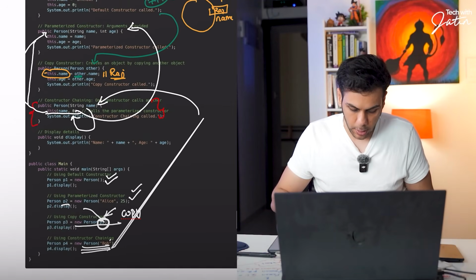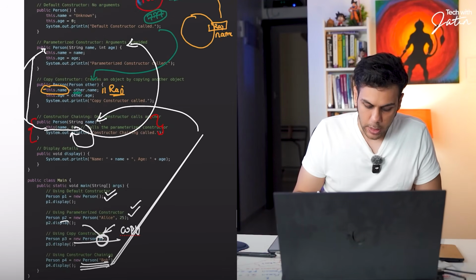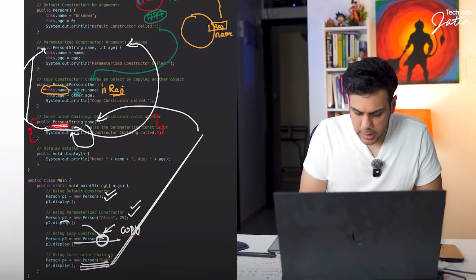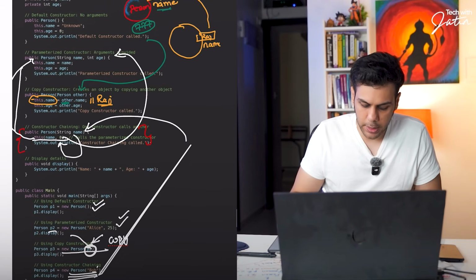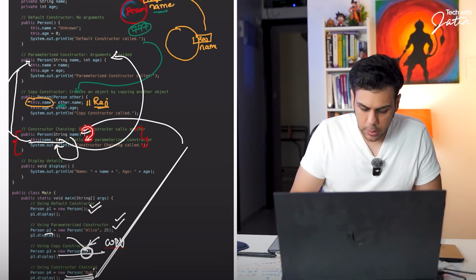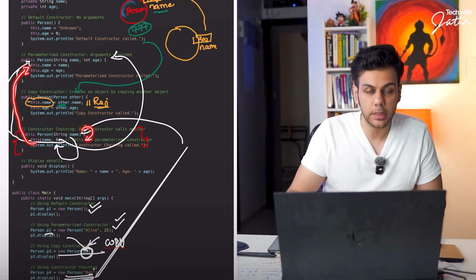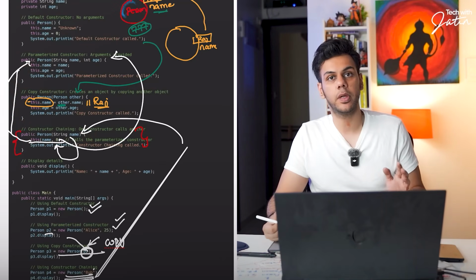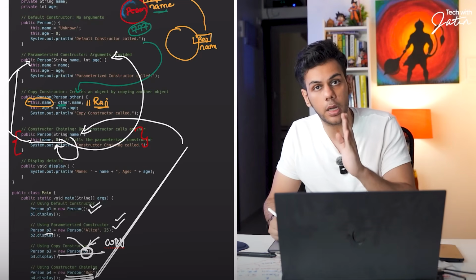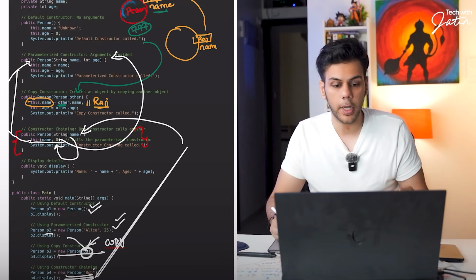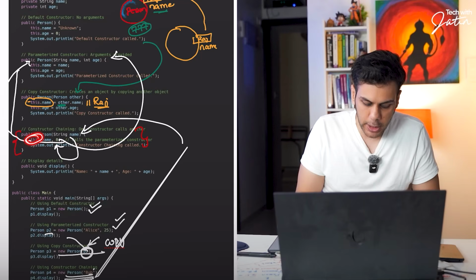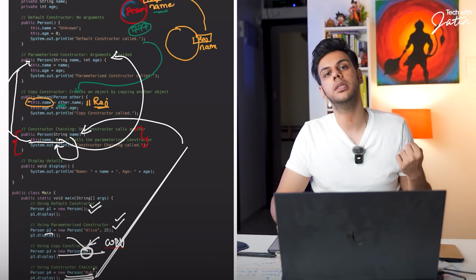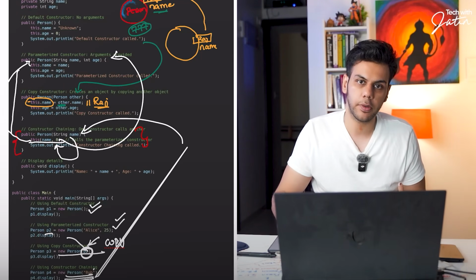If I go up to the constructor chaining, you see this is my constructor, and only this constructor is calling my another parameterized constructor. Makes sense to everyone? Only a constructor can call another constructor. And in order to do constructor chaining within the class, we use the this keyword. Clear to everyone?